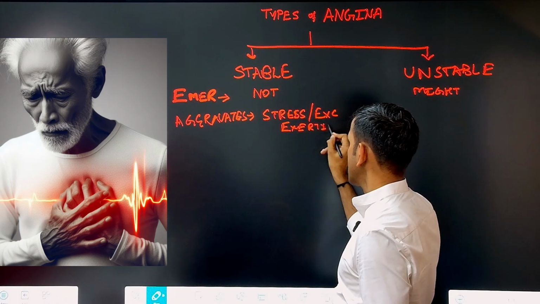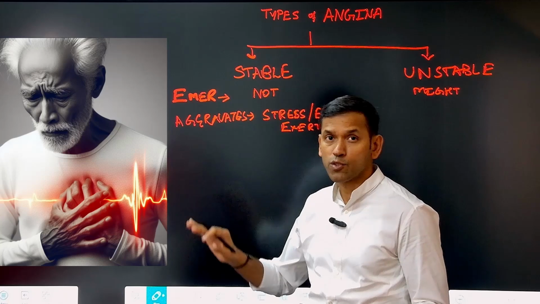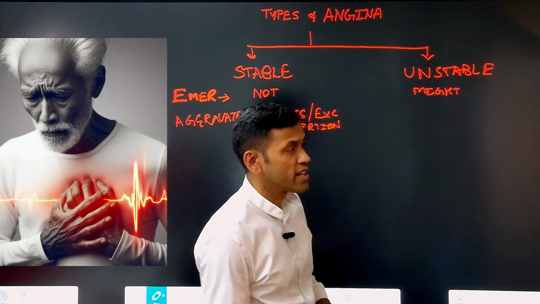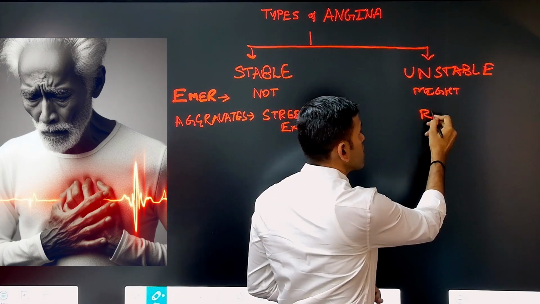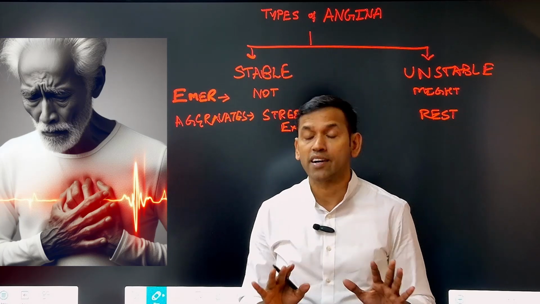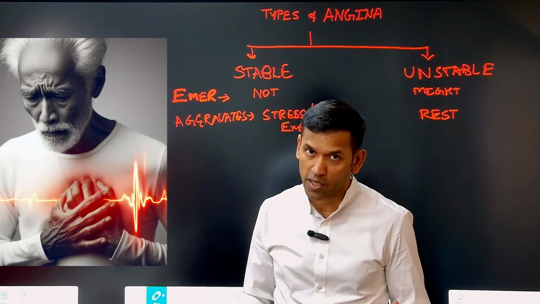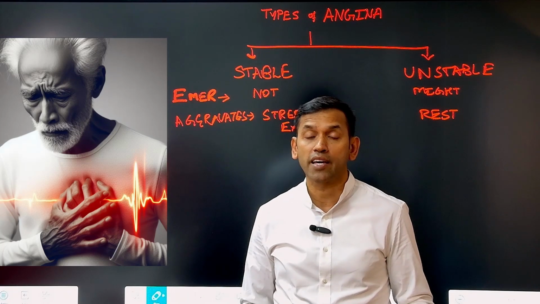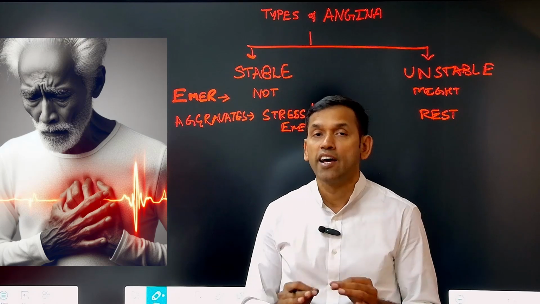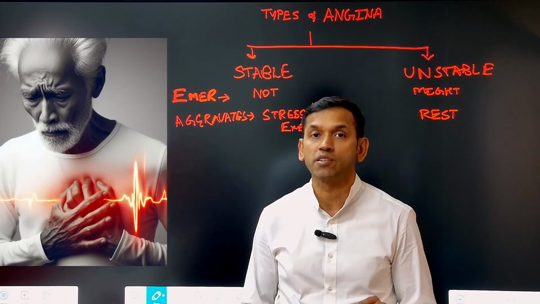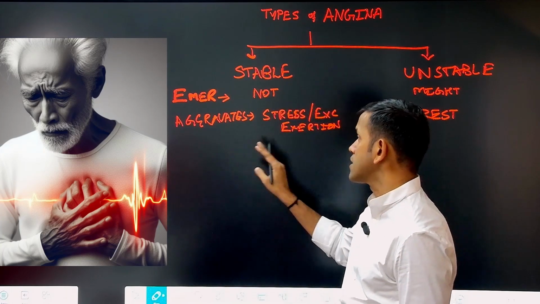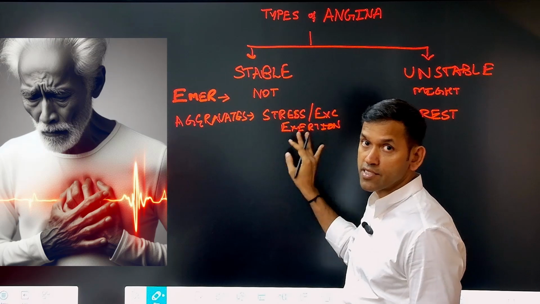So, a stable angina predisposing factor could be stress, exercise or exertion, while in case of unstable angina there could be pain at rest also. This unstable angina can be seen in a patient even in a resting position, even at sleeping time. Any time the patient might present with chest pain which is intense and which has a clear ECG indication of it being an angina. So, this is nothing else but unstable angina, while stable angina has aggravating factors like these.